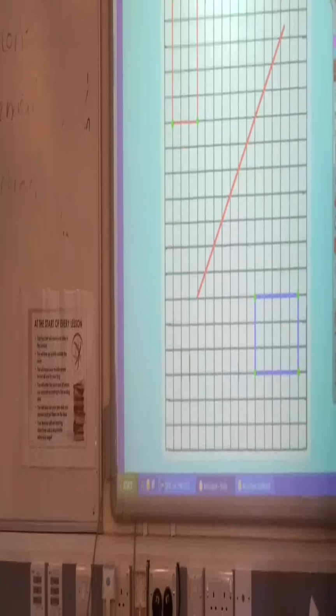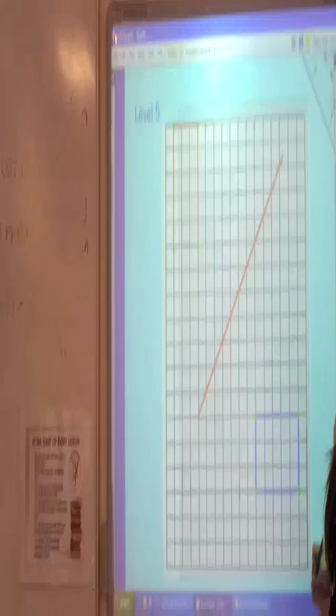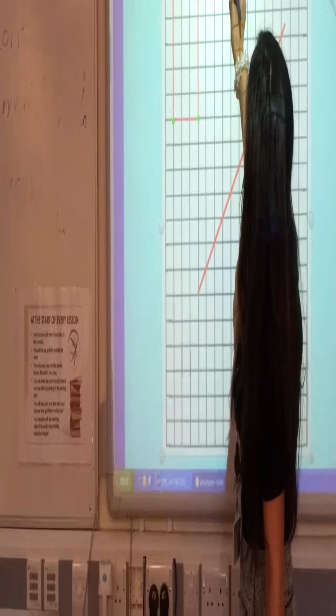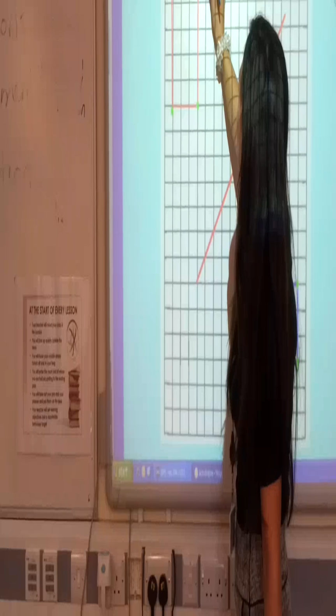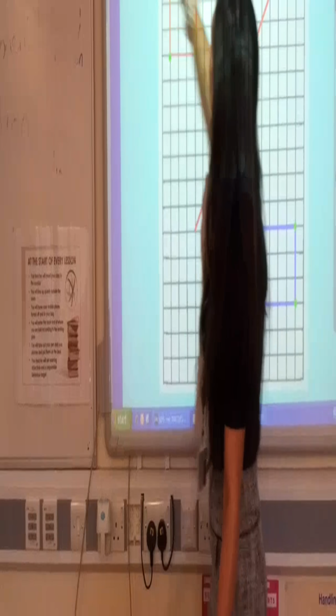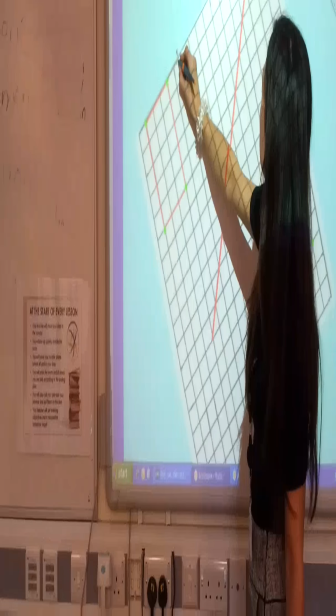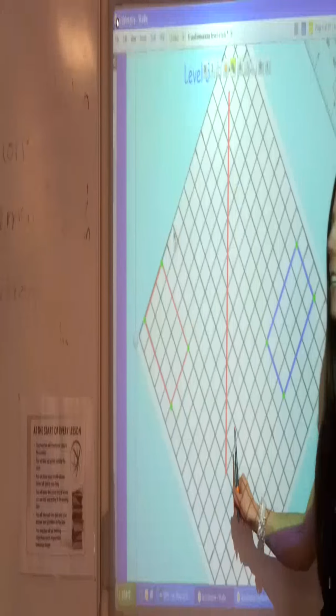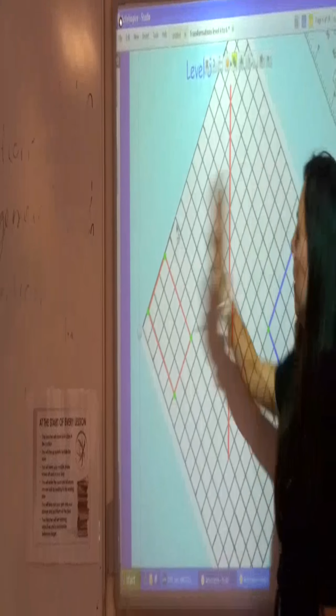If you take the whole thing and rotate it around so that your mirror line is vertical, you can see much easier how that is mapped onto that, and that and that are reflections of each other.